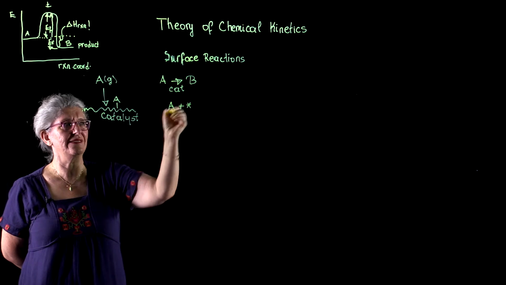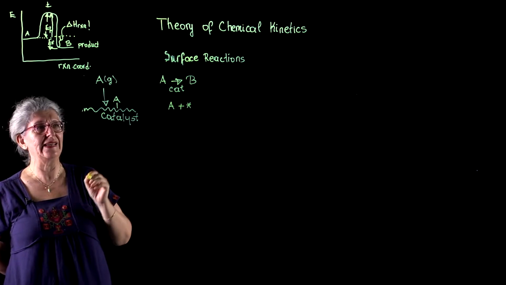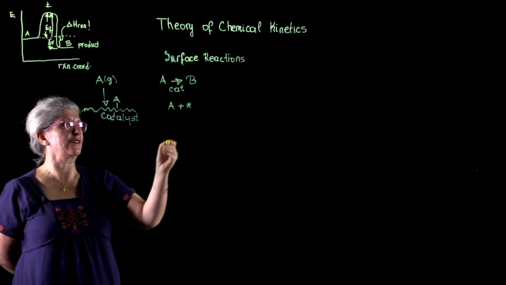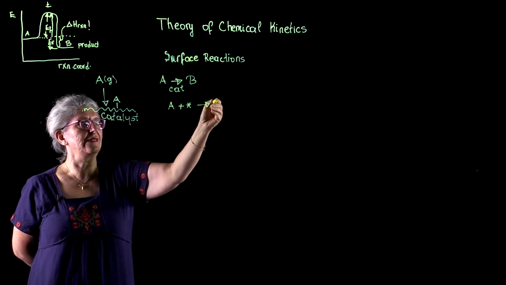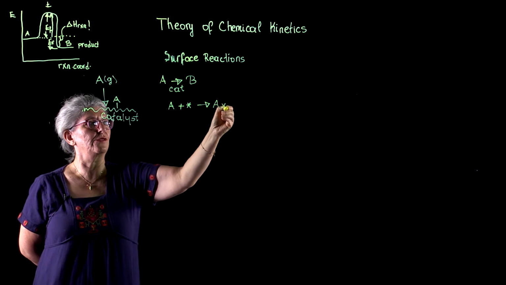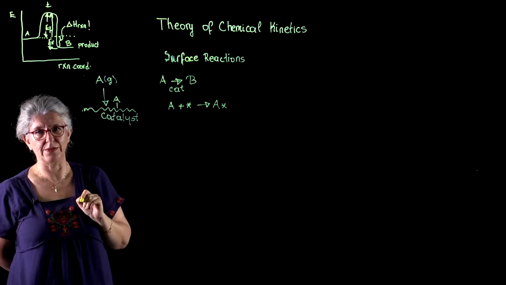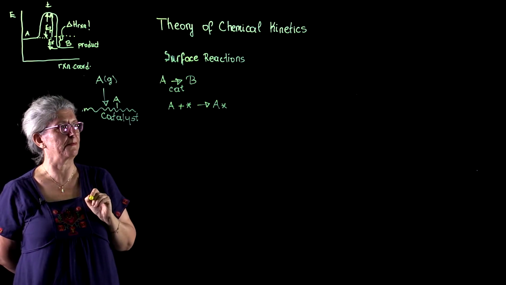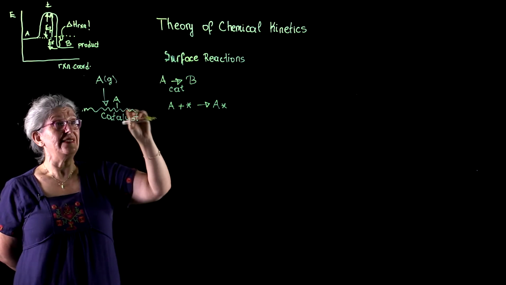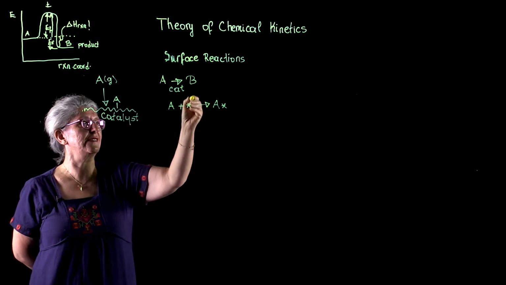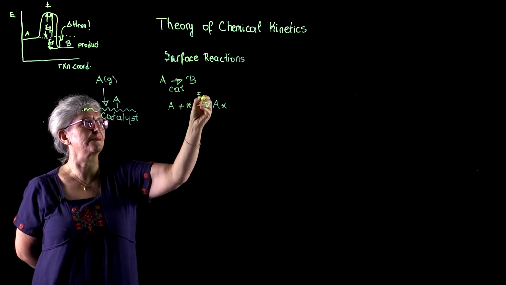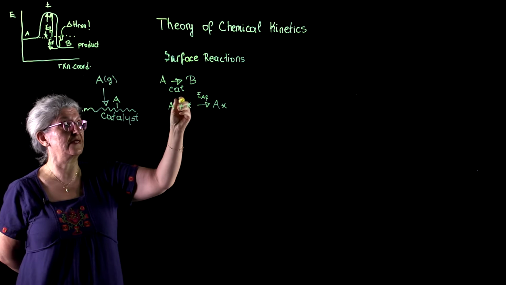This star symbol will represent an active site on the catalyst surface, and this is going to form a surface-bound species. This reaction, by its nature, is not activated if elementary, if it is a single step.